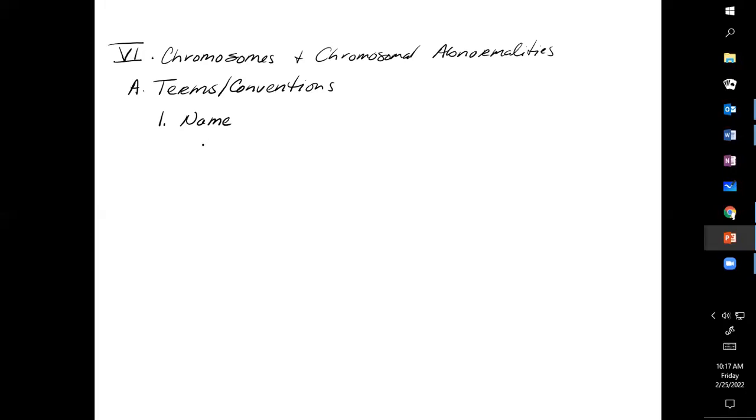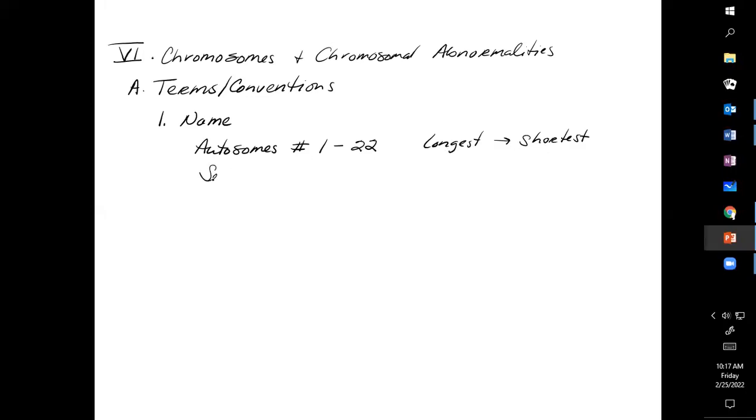So chromosomal names in humans, the autosomes are named by numbers, and they're numbered 1 through 22, and that's from the longest to the shortest. So the longest human autosome is chromosome 1, the shortest is 22. In different species, they would have a different number of autosomes, but the convention is still the same.